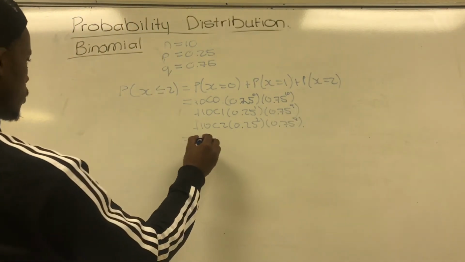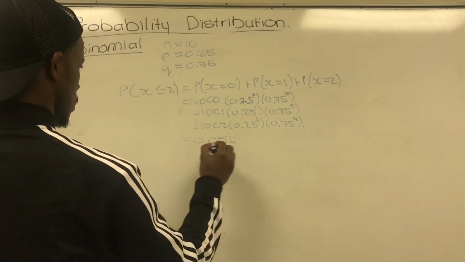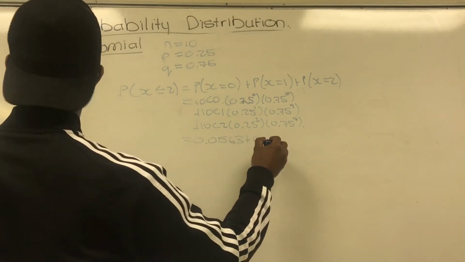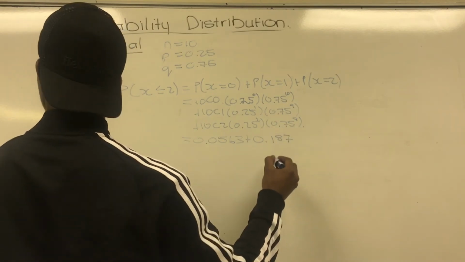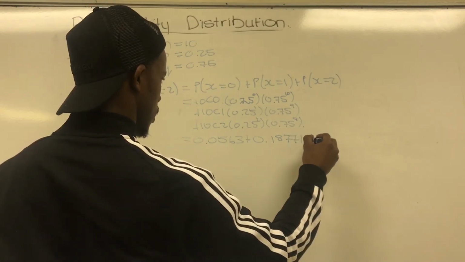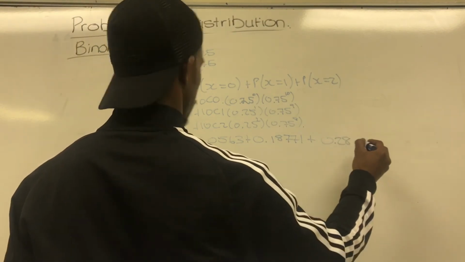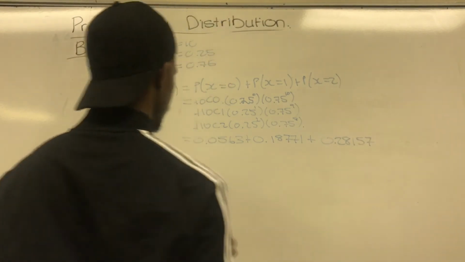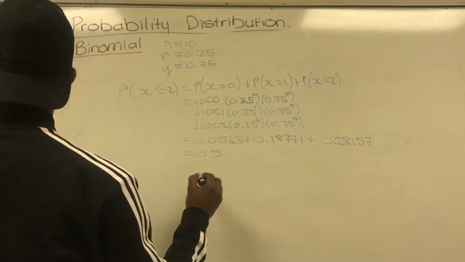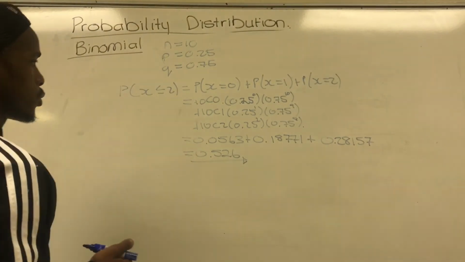Each of those should give you 0.0563, plus 0.18771, and the last one should give you 0.28157. So altogether these give you 0.526. And next, the question will ask you less than.